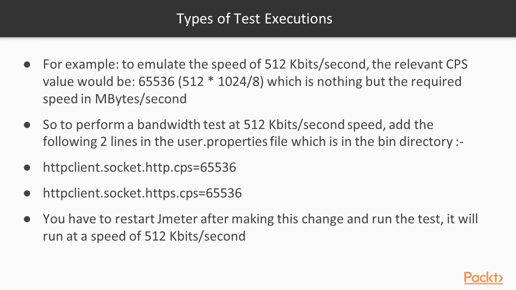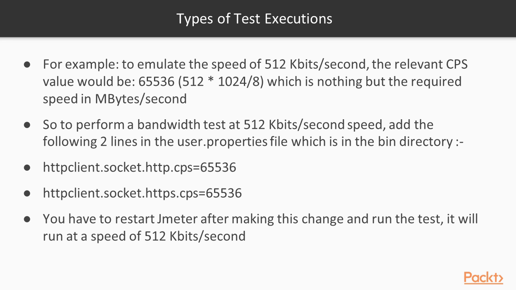For example, to emulate the speed of 512 kilobits per second, the relevant CPS value would be 65536, which is 512 into 1024 divided by 8, which is nothing but the required speed in bytes per second. So to perform a bandwidth test at 512 kilobits per second, add the following 2 lines in the user.properties file, which is in the bin directory of JMeter.